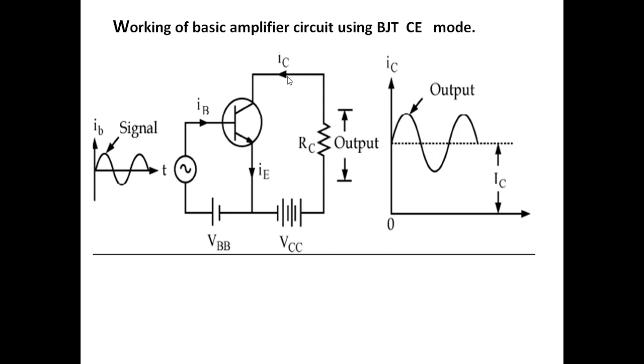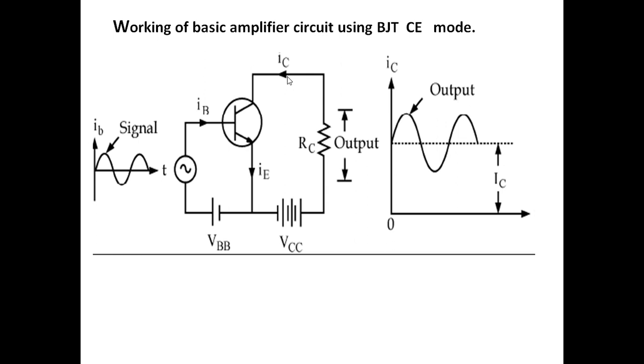Here the output characteristics are divided into three categories. The characteristics near the horizontal line, that is the VCE line, are called cutoff region characteristics.